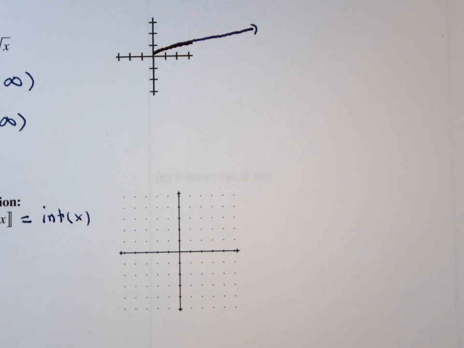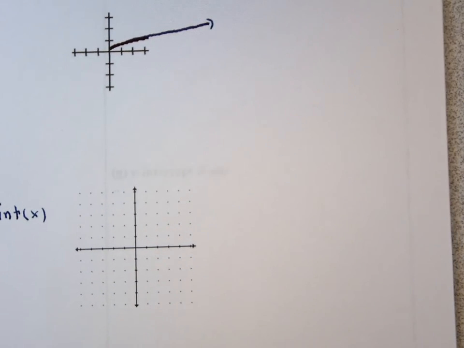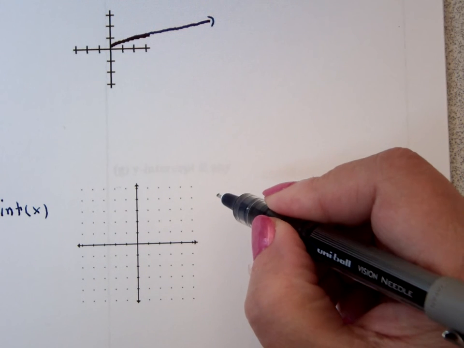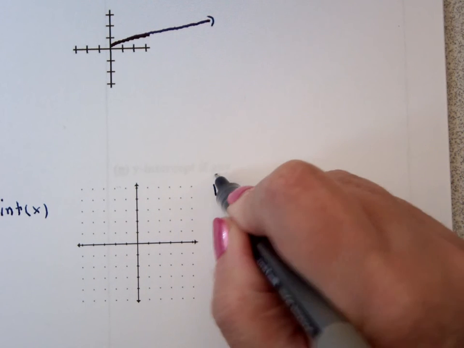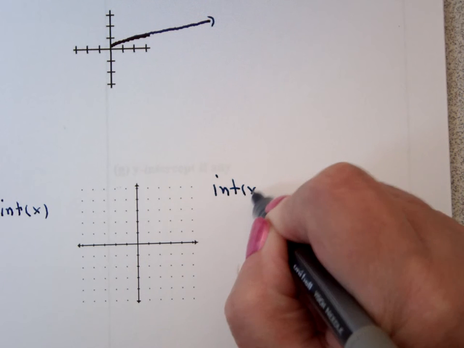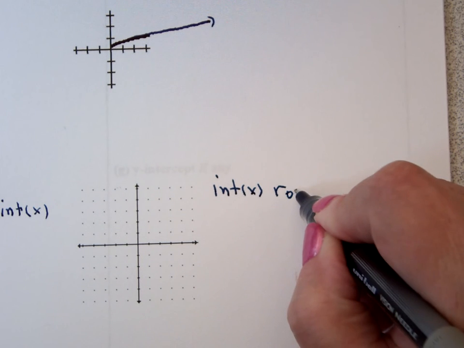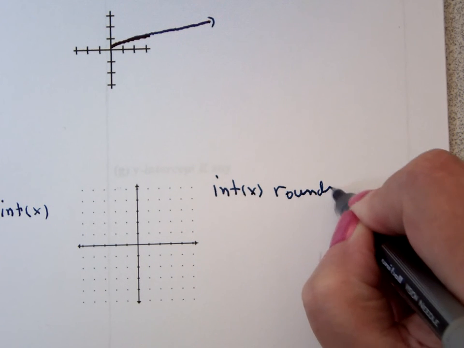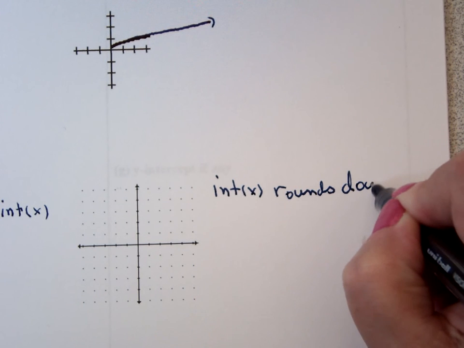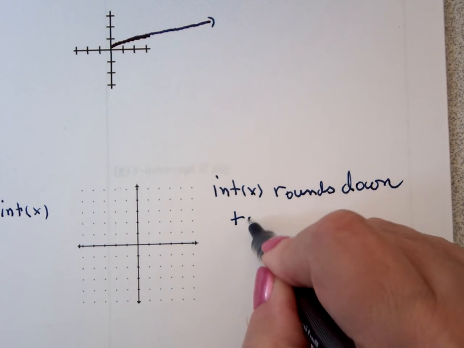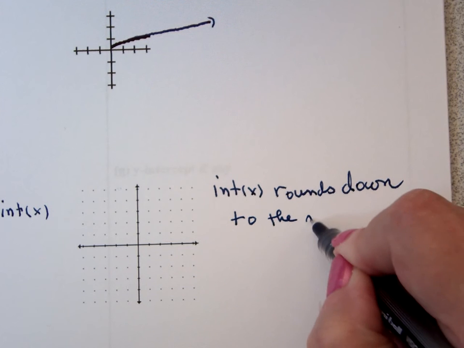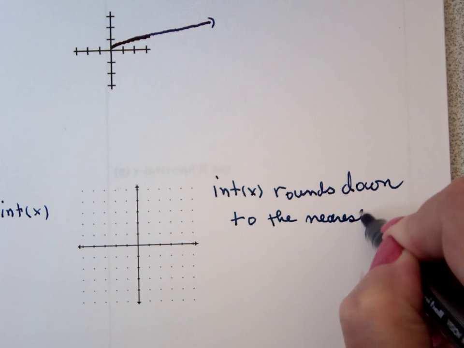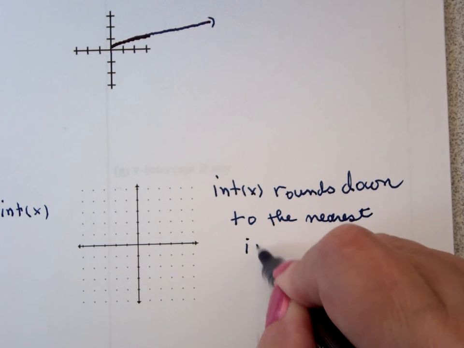Now, what the greatest integer function does is this. That int of x rounds down to the nearest integer.